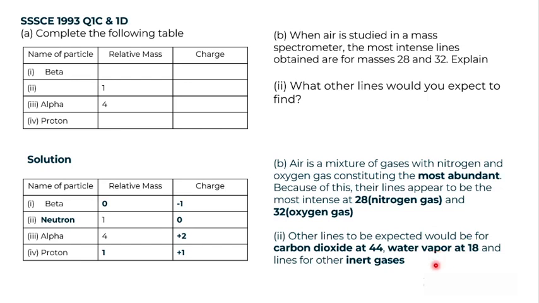We're also expecting some lines for inert gases. So these are the other lines we are expecting to be seen in this mass spectrometer. This is the solution to the problem, 1993 SSCE question number 1C and question number 1D, that was given to them at that time.